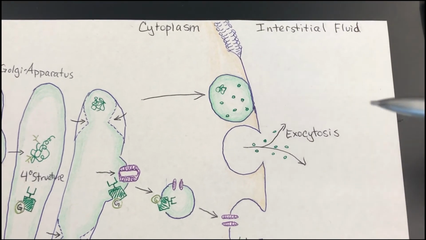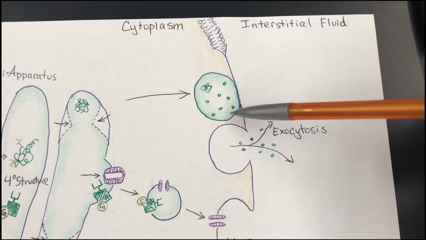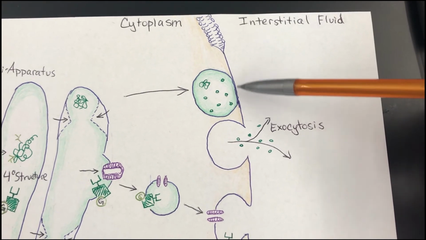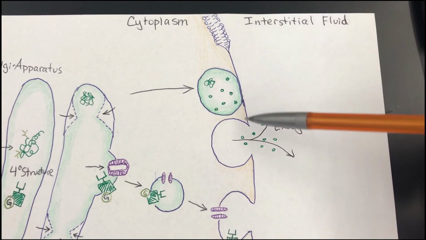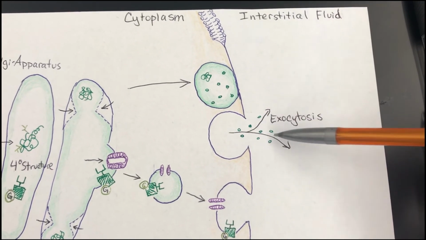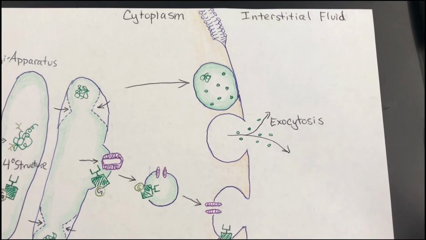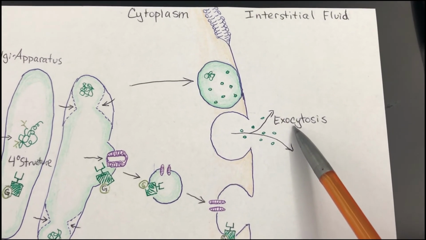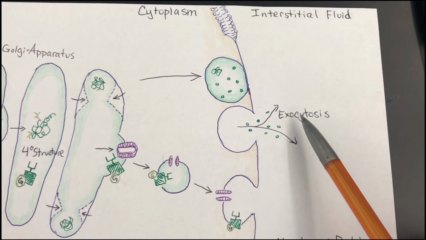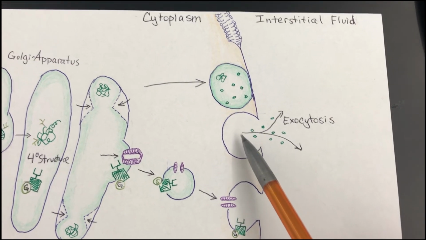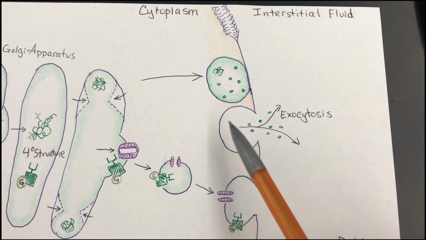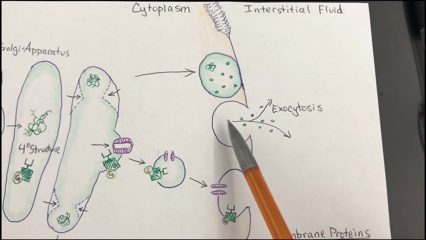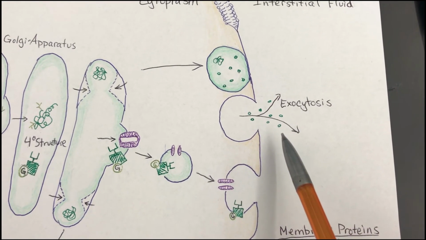So when the cell is triggered, this vesicle membrane is going to fuse with the same type of structure, the phospholipid bilayer here, and open, dumping its contents out of the cell. This process is called exocytosis, and it's really important in releasing hormones, releasing neurotransmitters, releasing other types of secretory products.